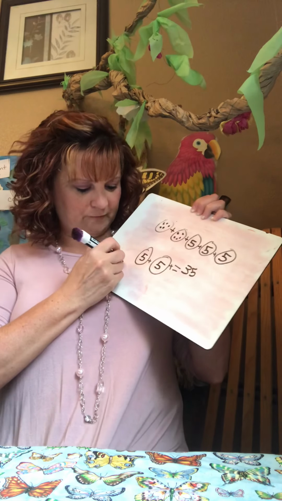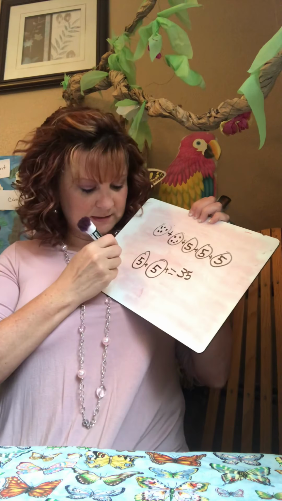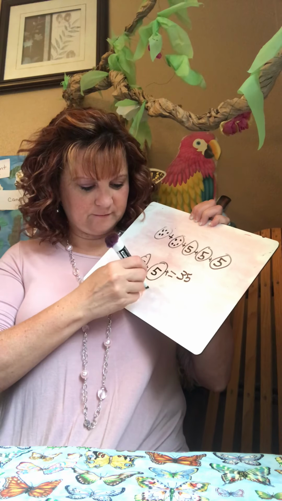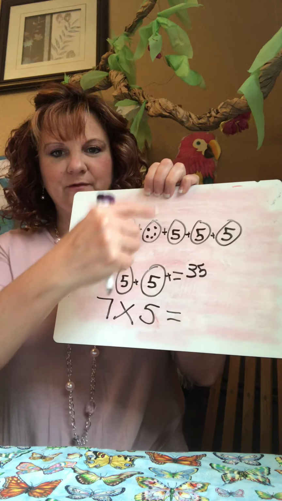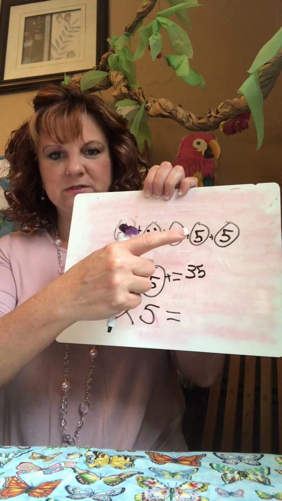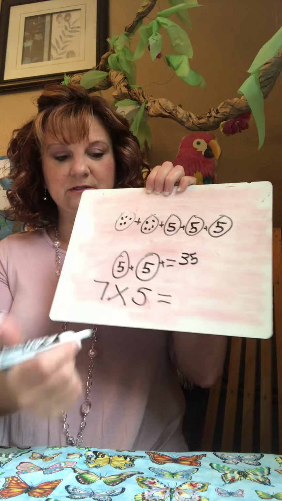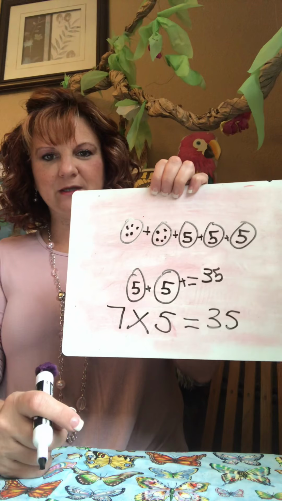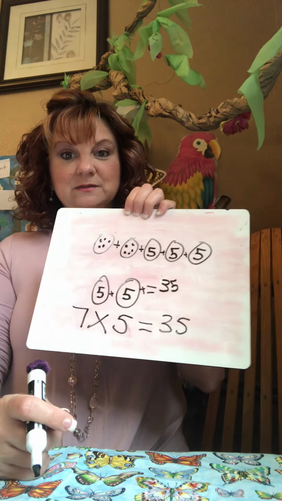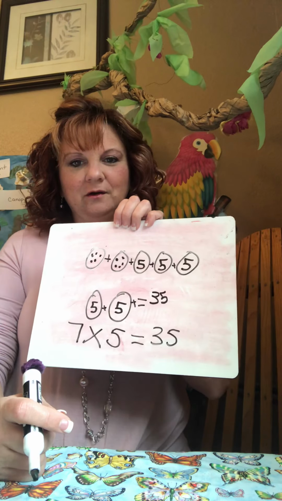Yeah, you can do 7 groups of 5, or 7 times 5. 7 frogs, so 7 groups of 5 spots, or 7 times 5 is 35. Ooh, so tell your mom and dad you're doing multiplication. Yeah, times tables. They'll understand. Okay?